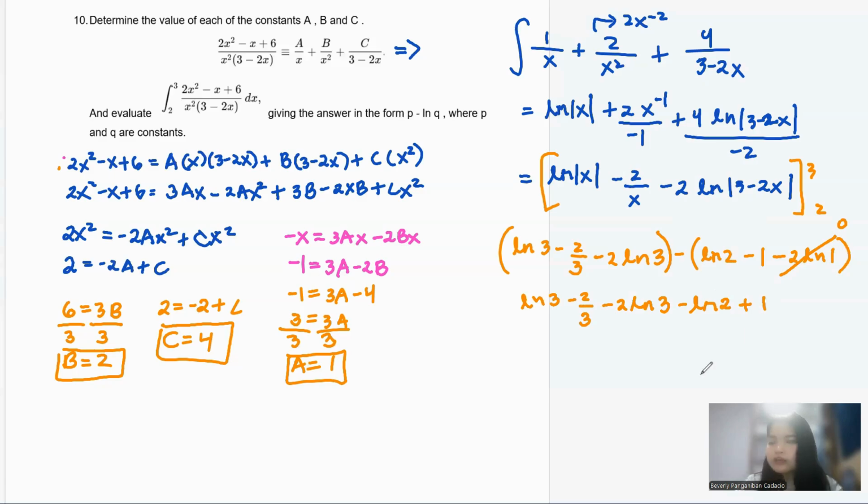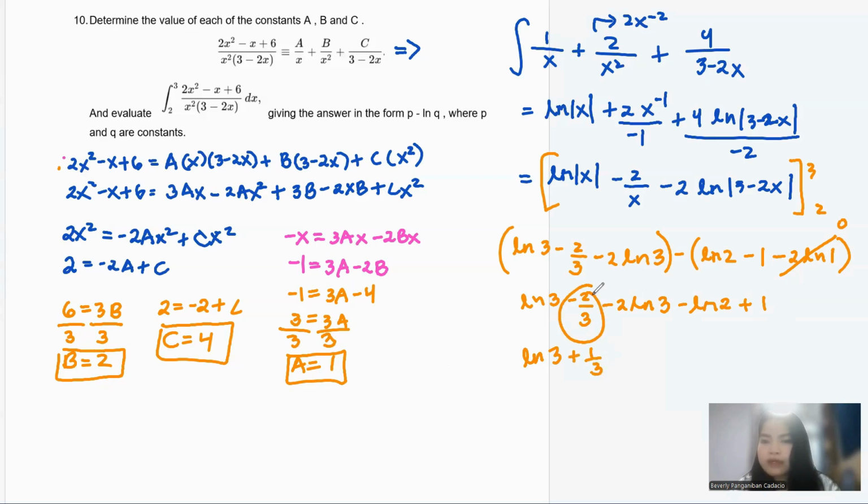Okay, there you go. Now, I will be combining my constants. So I can have ln 3, combine my minus 2/3 and plus 1, so I'm going to have 1/3 there, plus 1/3.